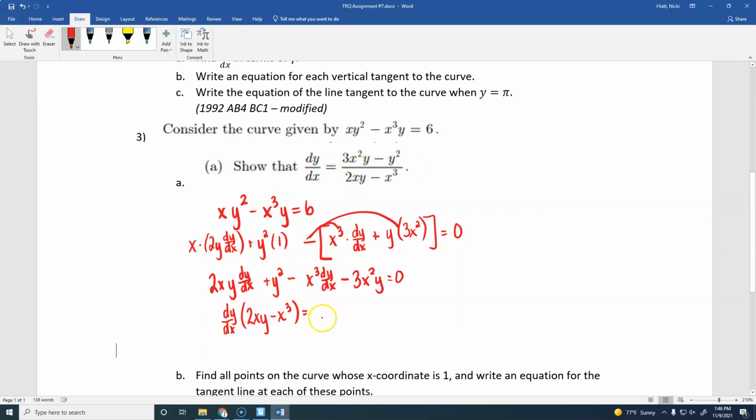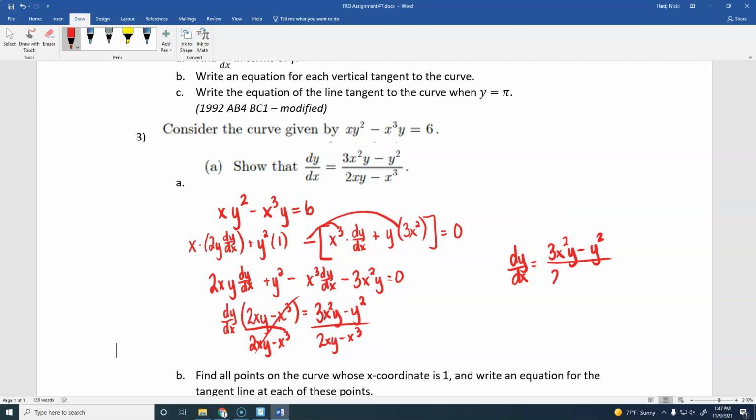So I could put the negative y first, but I'm going to do the 3x squared y first, minus y squared there. And then the last thing we're going to do is divide. So our derivative is going to be 3x squared y minus y squared over 2xy minus x cubed.